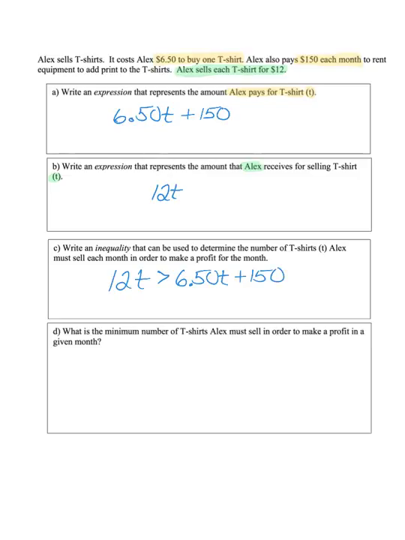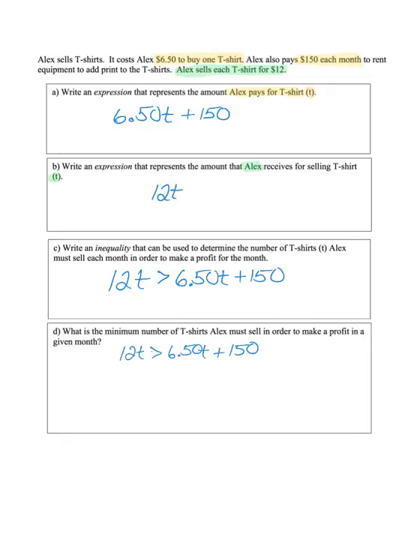Finally, they ask us now what's the minimum number of t-shirts that Alex must sell in order to make a profit. So we're simply going to solve the inequality that we had from part C. And in order to do that, we're first going to have to collect all of our variable terms on one side.